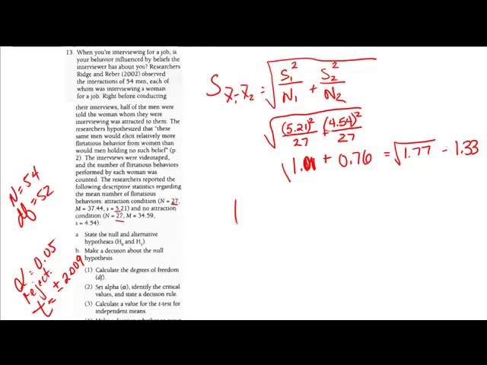So now we have to calculate t. T is x1 minus x2 divided by that giant thing we just got, 1.33. x1 was 37.44. x2 was 34.59.